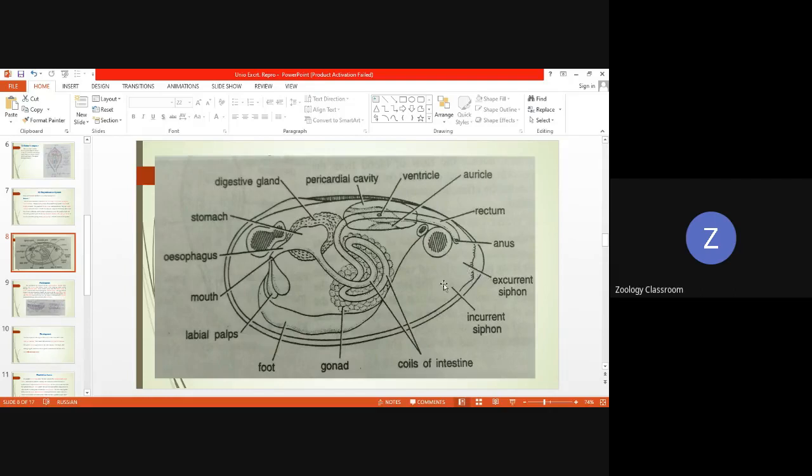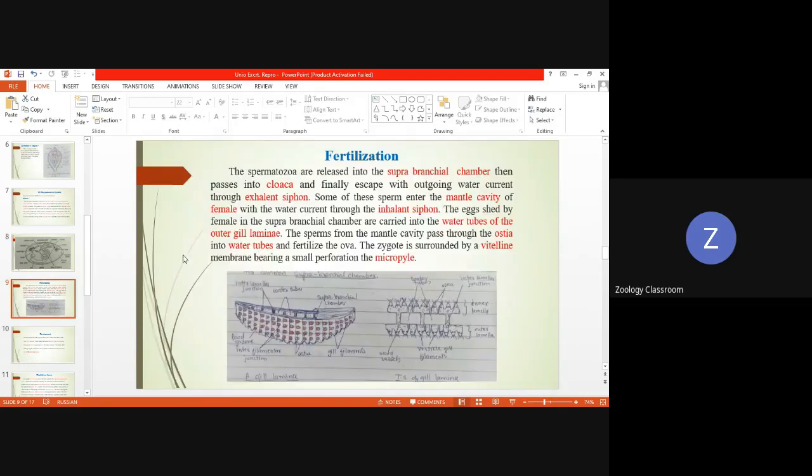Water enters through the lower inhalant siphon of the female and comes into the mantle cavity, and the sperms present in the incoming water enter into the female body.